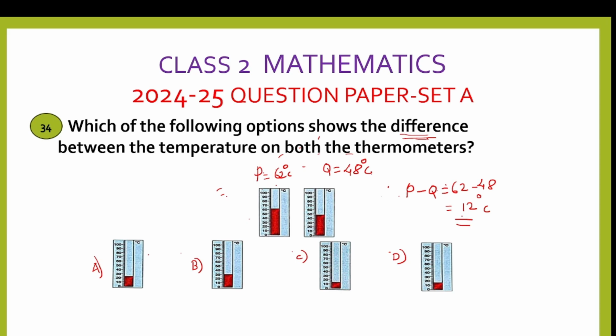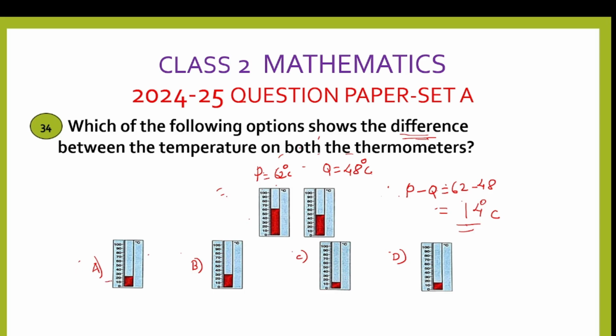One minute. 12 minus 8 is 4, and 5 minus 4 is 1. So that is 14 degrees Celsius. The difference between the temperatures on both thermometers is 14 degrees Celsius. So we have to find 14 degrees Celsius from the given options.